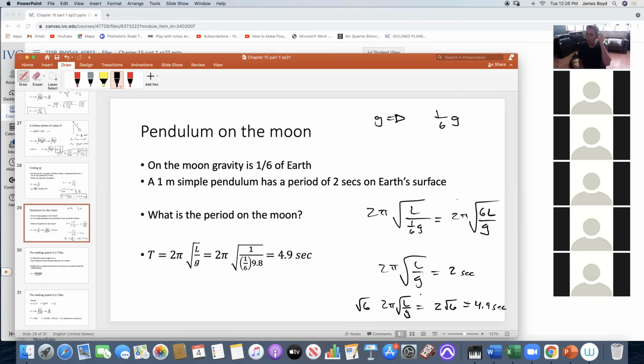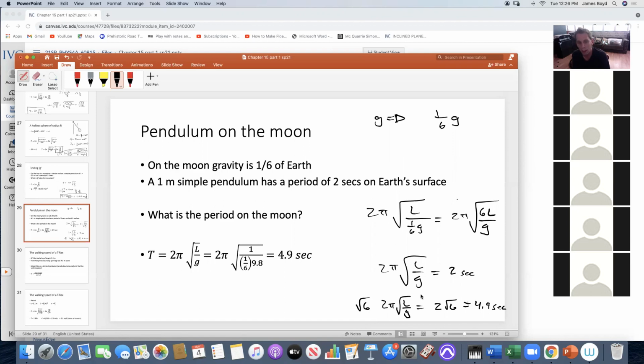So on the moon, a pendulum would have a period more than twice as long, almost 2.5 times as long as on Earth, because of the gravity. I want you guys to think about that a bit. Gravity is what makes the pendulum go back and forth forever, assuming that there are no other forces on it, like air resistance or tension or friction at the axis point in the string and so on.